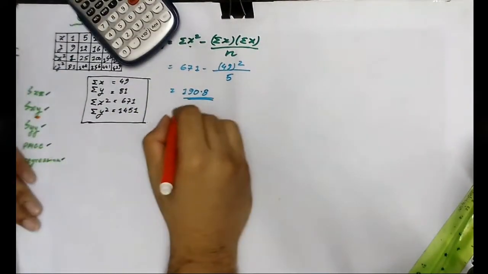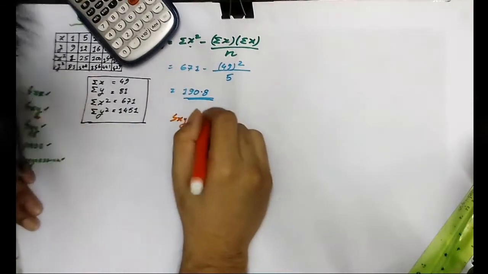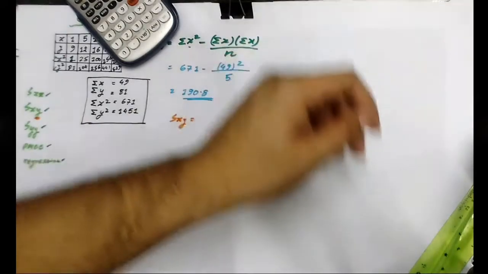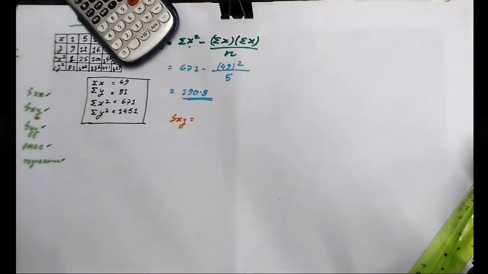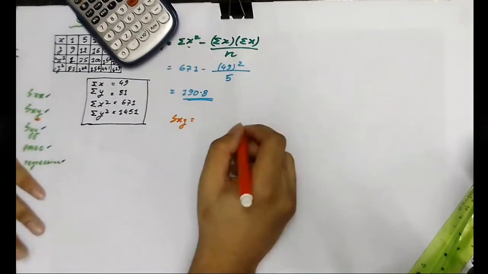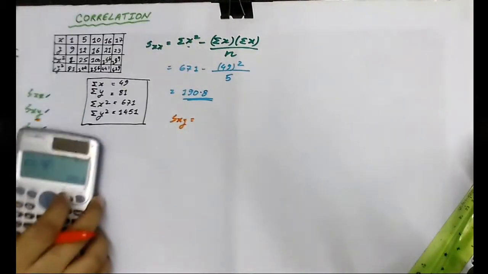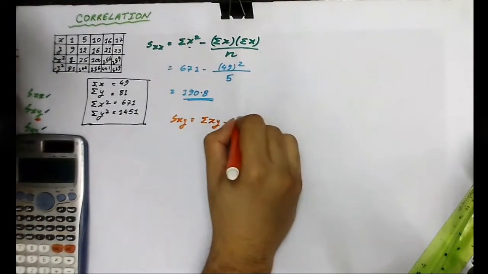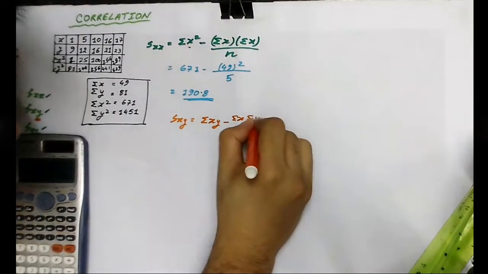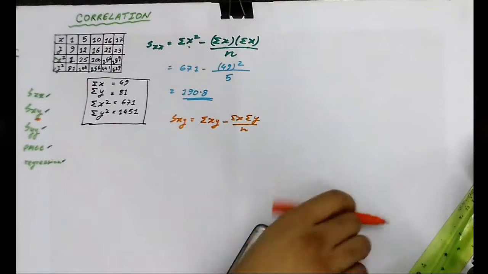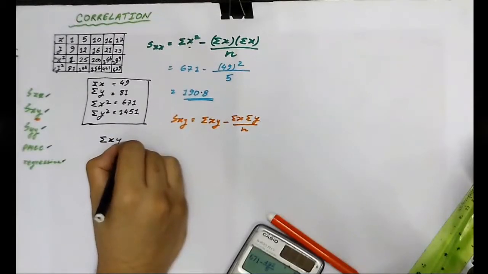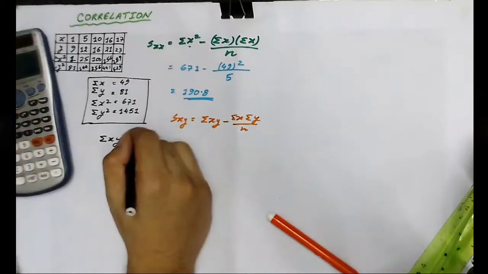Now we will do SXY. For SXY, it is almost 80% similar formula, or just the same formula where we will be using a y. As you can see, the formula will be summation of x into y minus summation of x into summation of y by n. That will give us the answer.